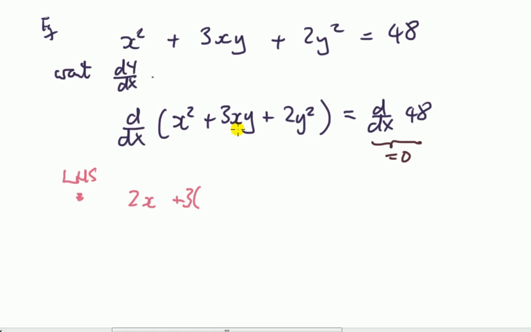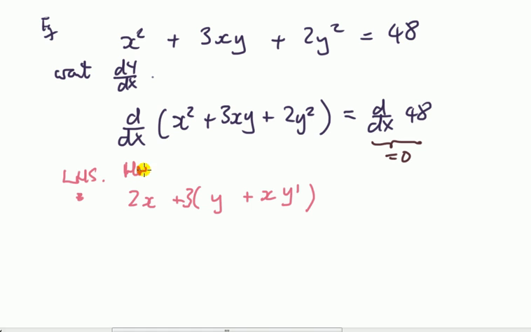Well, 3 is a constant, can come out. So we can first treat y as a constant, differentiate that with respect to x, so we have y plus, and then we write x and we differentiate y with respect to x, but as I said, y is a function of x, so we just write y prime to denote that's the derivative. So it makes it absolutely clear, because this is where it could get stuck.